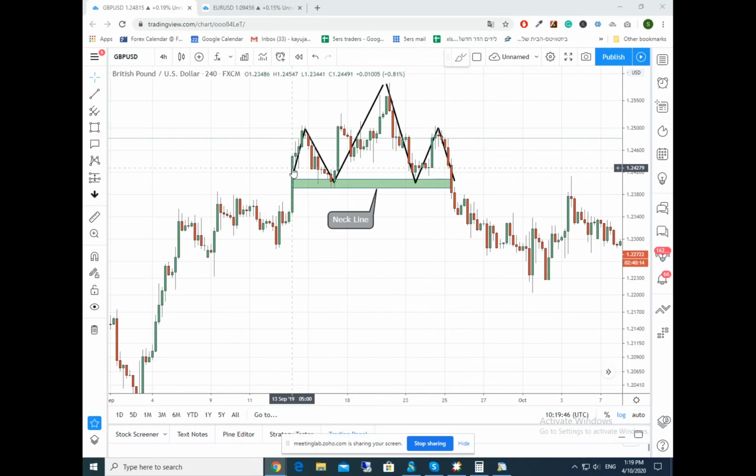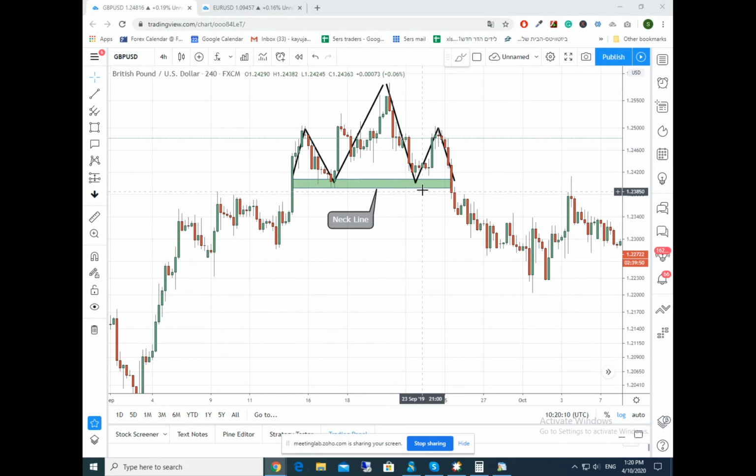So again, as we can see, in this uptrend the price creates a bottom, a higher bottom, and another higher bottom, which is usually what the price does in an uptrend. And then the price creates a bottom which is not lower than the previous one but at the same level, which is something that we didn't see in all this uptrend.